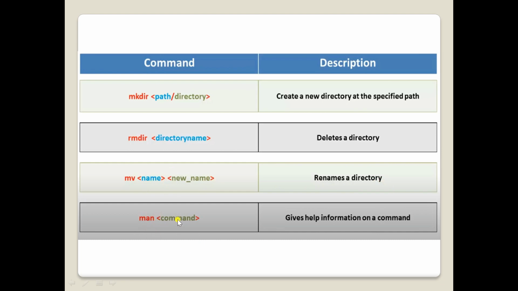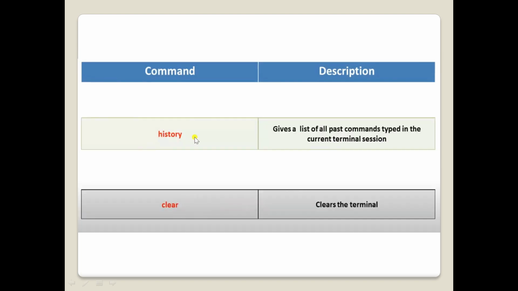Then man space the command gives help information on a command, like a manual page. The history command gives a list of all past commands typed in the current terminal session. The last command is clear. The clear command will clear your terminal.